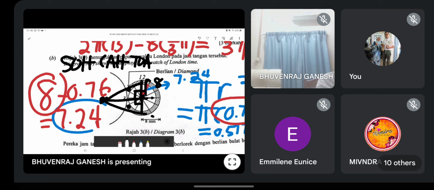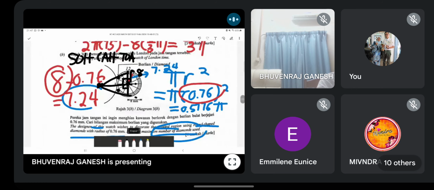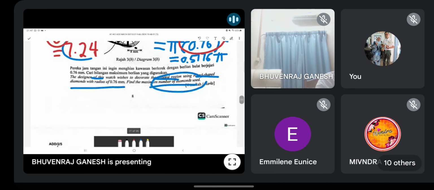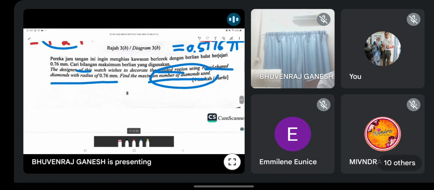So now, wait, 0.76. Let me see the question carefully. Oh, okay. I think what they are mentioning, guys, apa yang mereka maksudkan, is they are trying to draw out the diamond for you. They are not looking at the clock now. Mereka tak tengok jam.